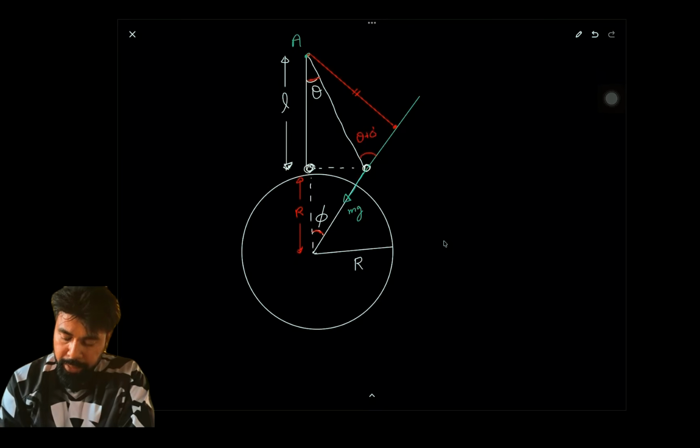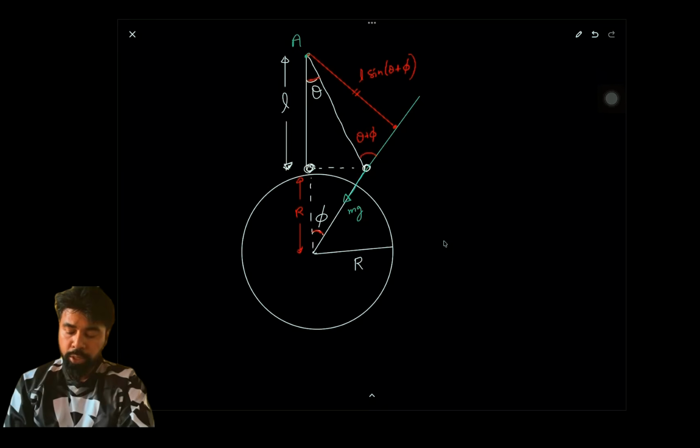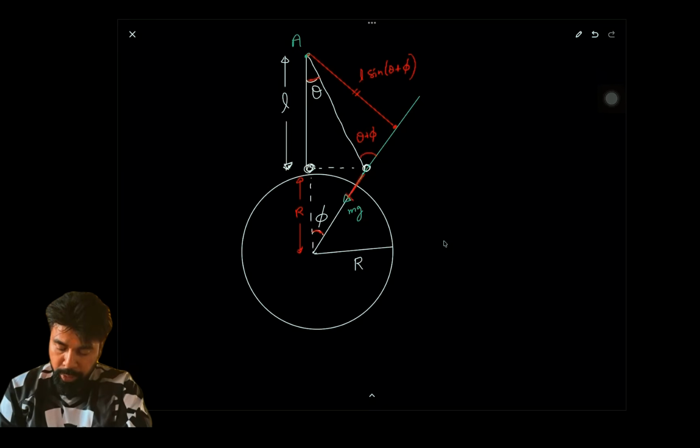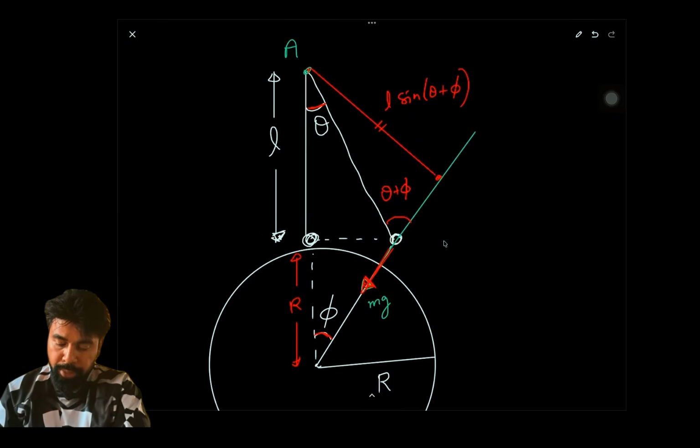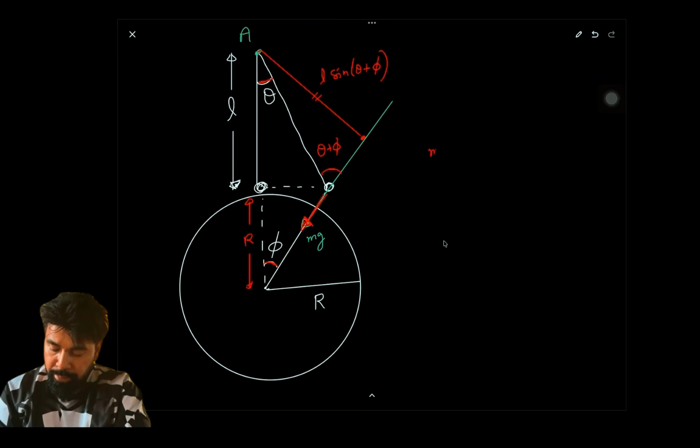So this angle is theta plus phi. So what is the perpendicular distance? It is coming as L into sine of theta plus phi. So what will be the torque of mg about the point of suspension A? That's going to be mg into L sine of theta plus phi.